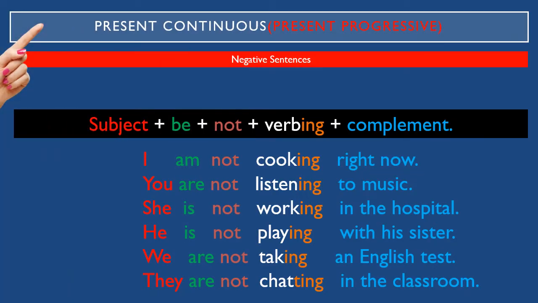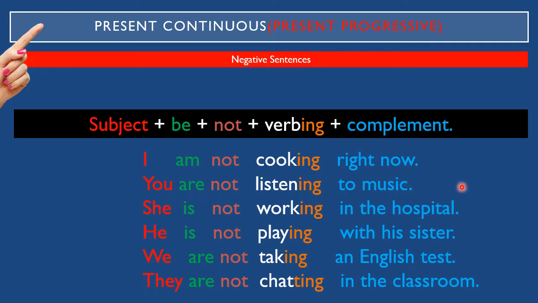To create negative sentences with the present continuous or the present progressive, the formula is basically the same that you use for positive sentences. The only difference is that we use not. We use not after the verb be. So let's read the examples. I am not cooking right now.